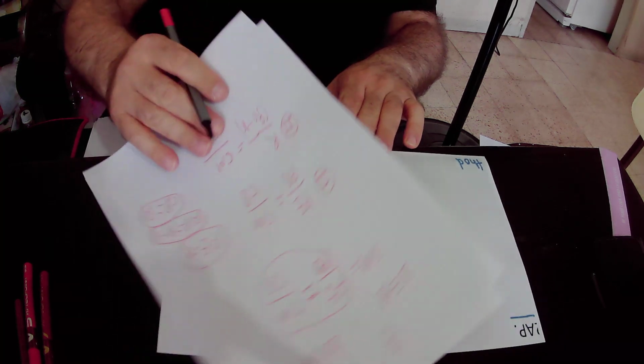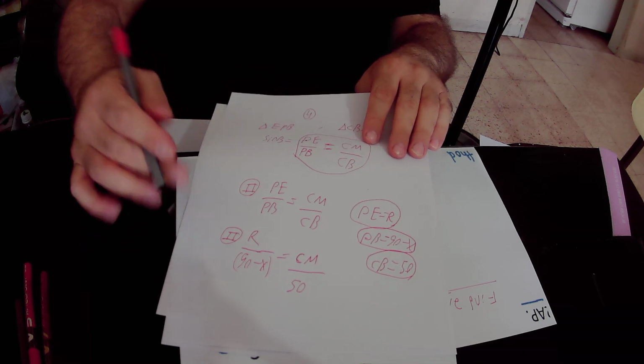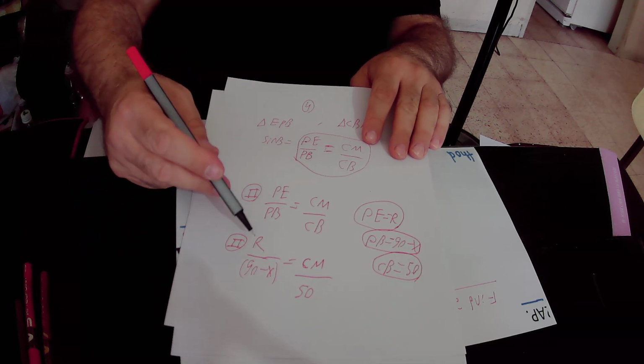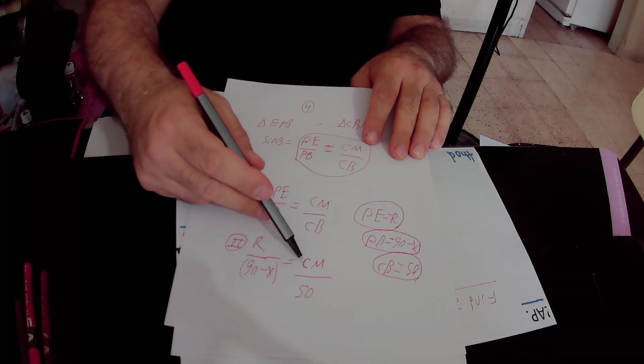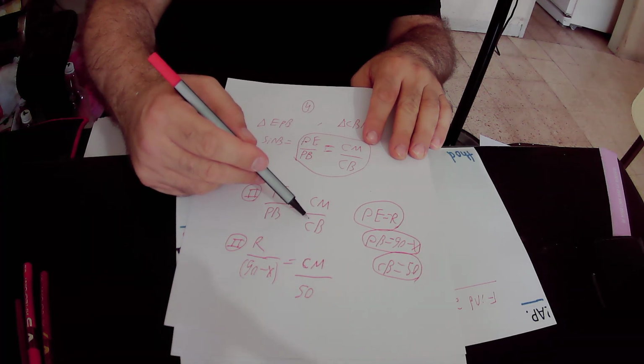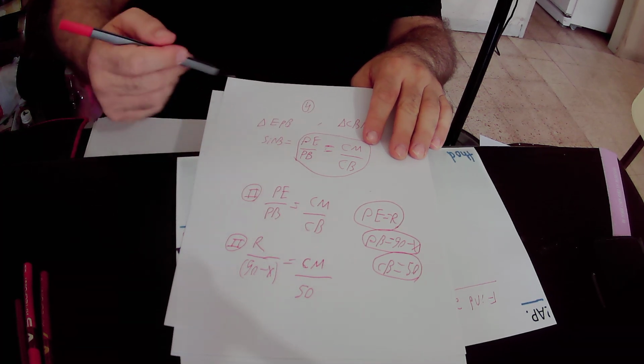Again, we substituted PE by R, PB by 90 minus X. We left CM as it is, and we substituted CB by 50.